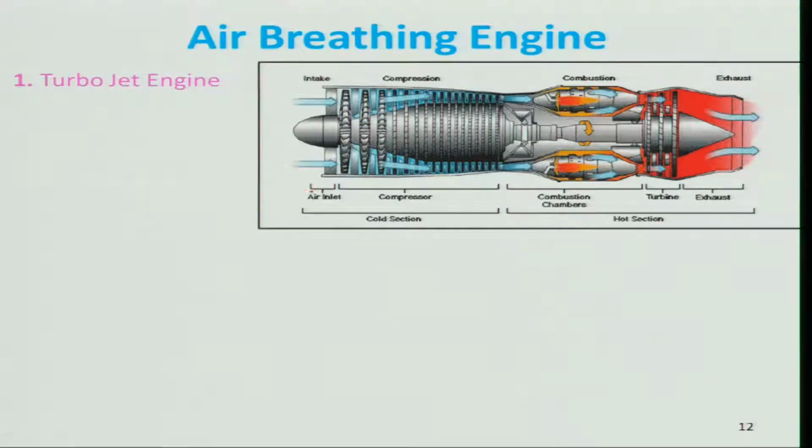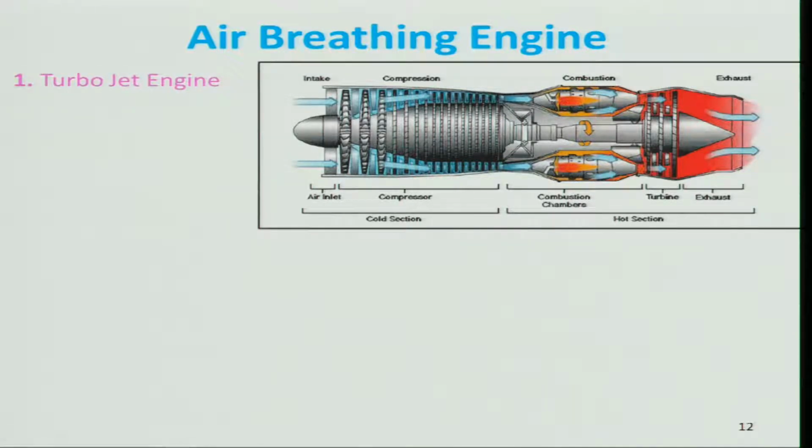A turbojet engine has various components. One portion is the air intake, then the compressor. This is the axial compressor; there are also centrifugal compressors, but nowadays people prefer the axial compressor, though some engines, particularly turboprop kind of engines, use centrifugal.